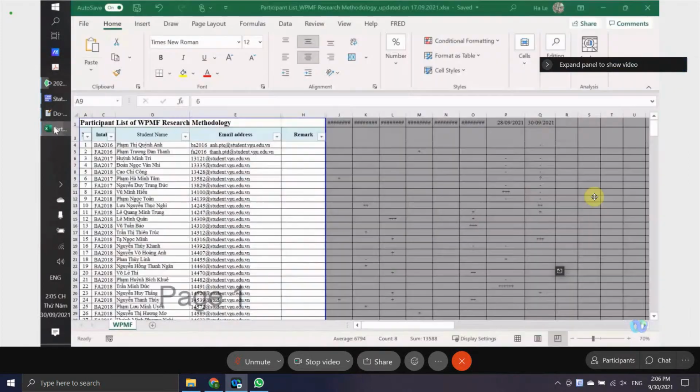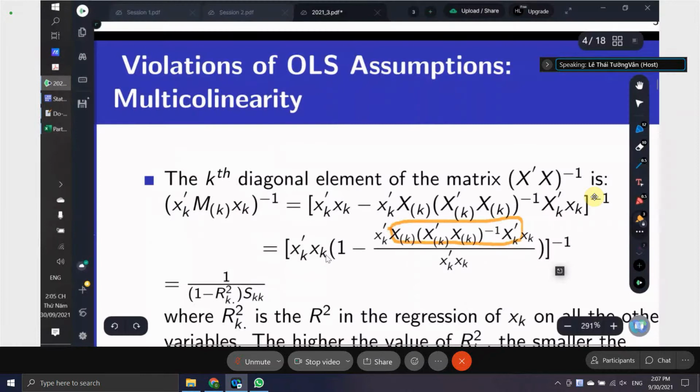I want to invite Phạm Hà Minh Tâm. Hello, Minh Tâm. Did you answer something in the morning? Yes, I did. I think we did have a conversation in the morning. Okay, so I put a question mark there. Minh Tâm, what is the name of this matrix? Huy Thắng, I already gave you a plus.